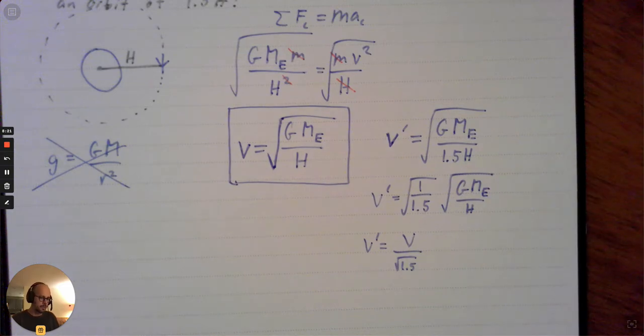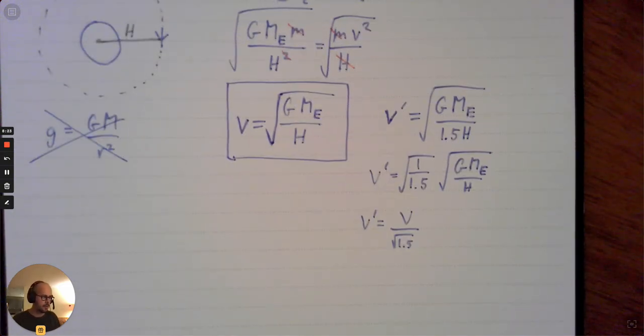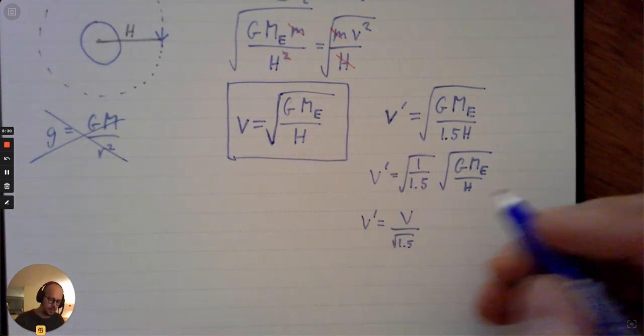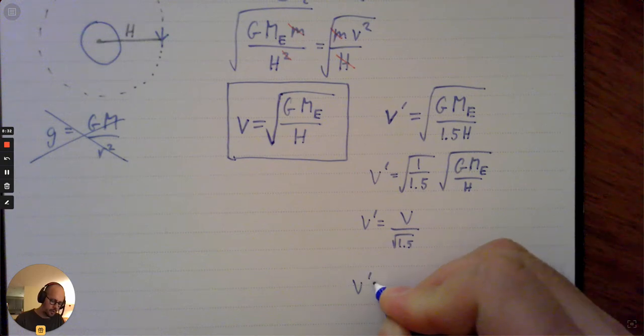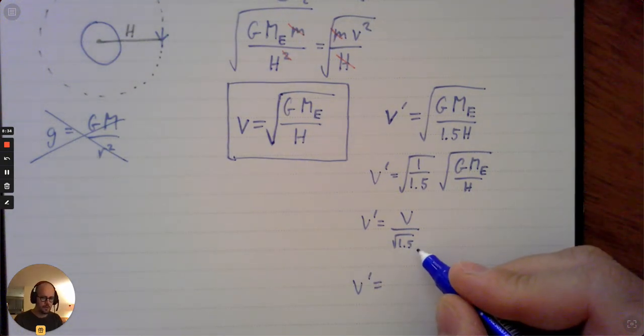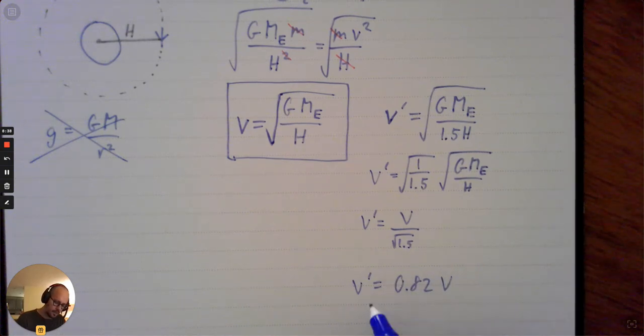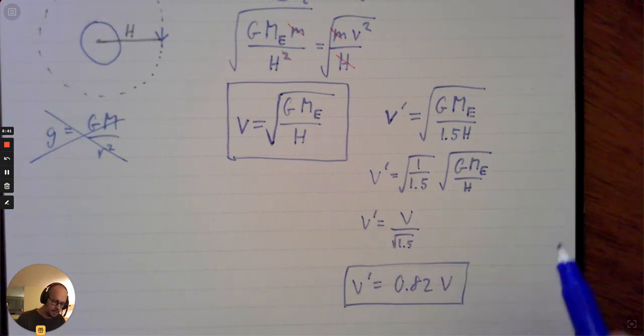So that would normally be a good enough answer, but I know you probably want to calculate it and get an actual number without a radical in the denominator because you're a good math student. So let's do that. If I do 1 over square root of 1.5, it's equal to 0.82 v. And so, what's the lesson in here?